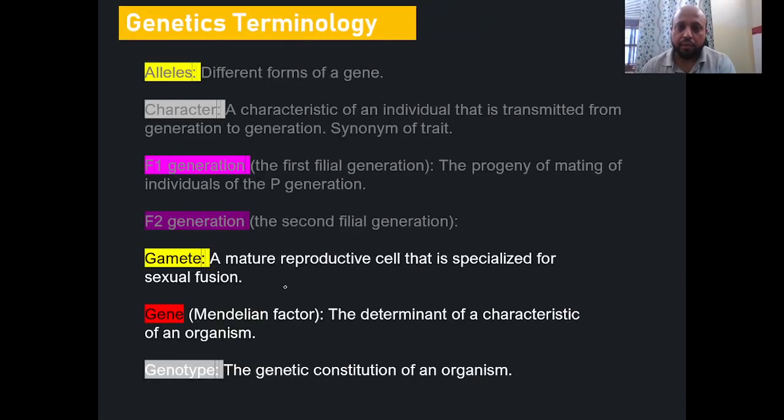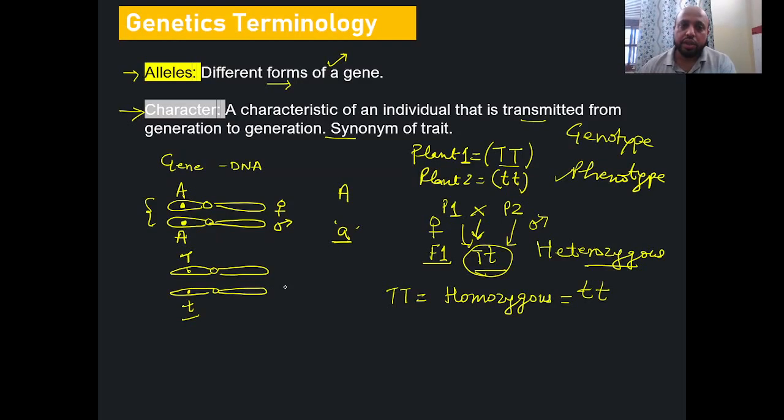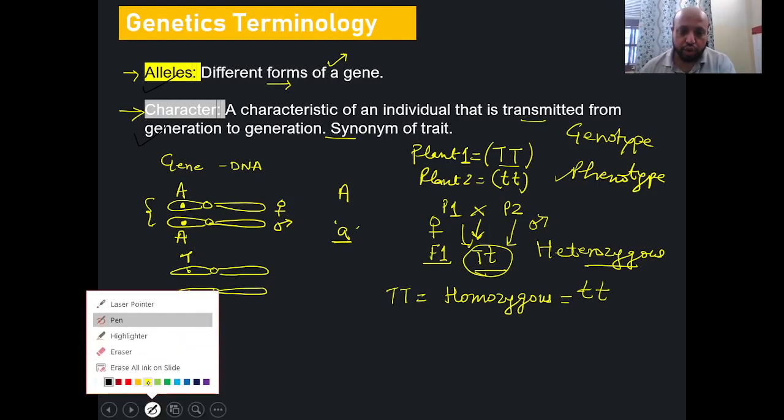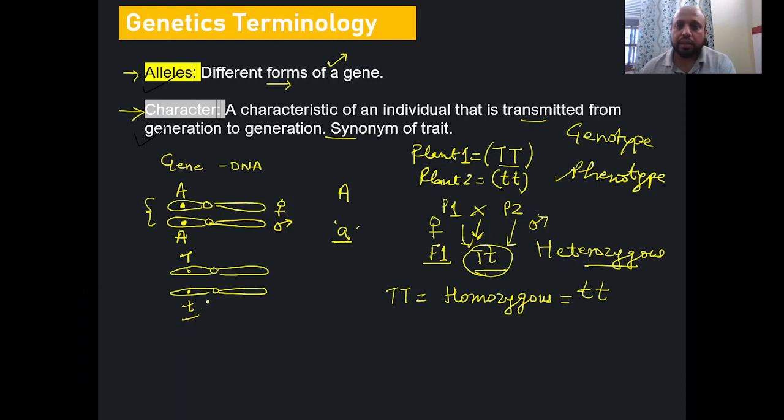So this is how we define the alleles, and this is how we define the characters. I've also introduced to you the concepts of the genotype and the phenotype, and I also defined the heterozygous and the homozygous individual.